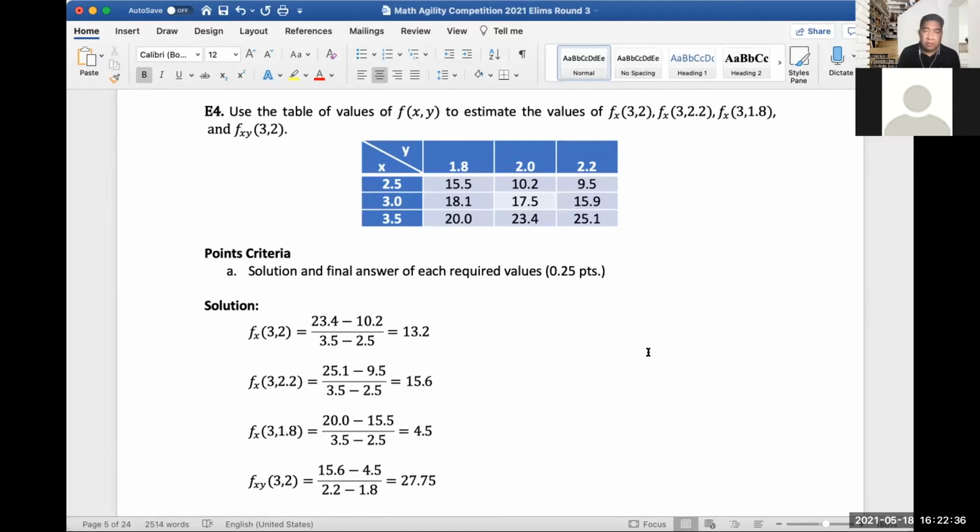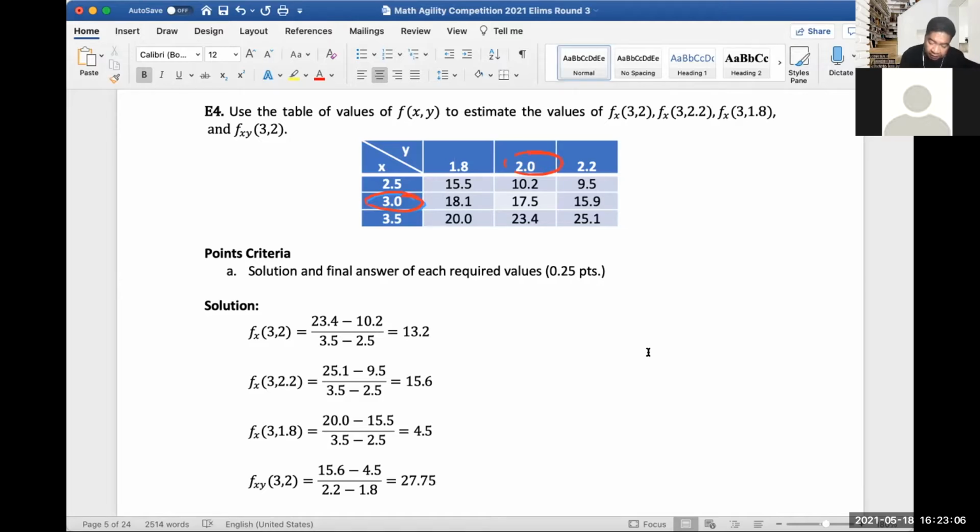So for number 1, we're solving f sub x of 3 comma 2. Let's locate where 3 is from the values of x. So this one here. Oh, let me change the color. So here, and 2 is here, right? From the numerator part, which is the y values, what are the y values?